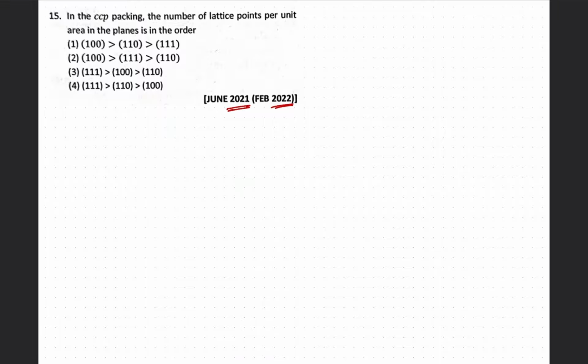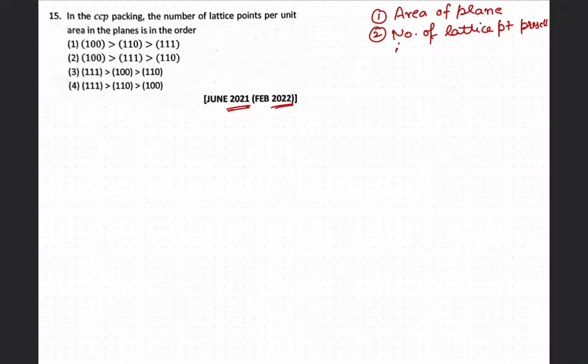The number of lattice points per unit area in a plane is in the order of, they have given 3 planes. Firstly we have to evaluate 2 things in this question. Firstly you have to evaluate the area of the plane, and secondly you have to calculate the number of lattice points which are present in this area, right? Very easy question, we'll do it very nicely.